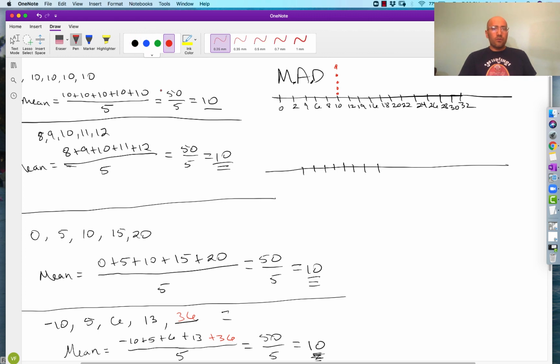So we have an 8, a 9, a 10, an 11, and a 12. This one's just centrally located at 10, clumped up around the 10.